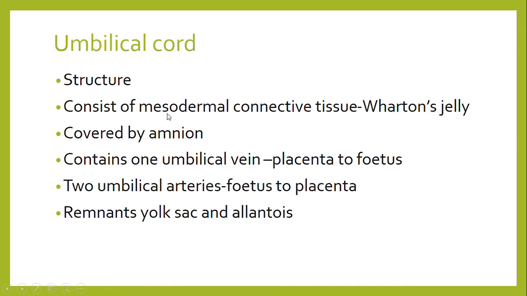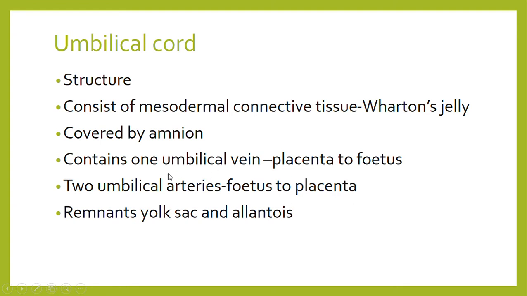The structure consists of mesodermal connective tissue, that is the Wharton's jelly, and it is covered with amnion. Then it contains an umbilical vein which connects the placenta to the fetus, so it contains oxygenated blood. Two umbilical arteries are there, from fetus to placenta, so they contain deoxygenated blood.